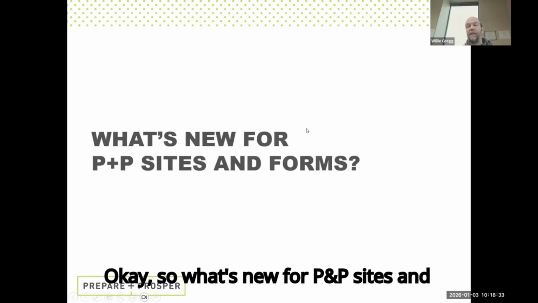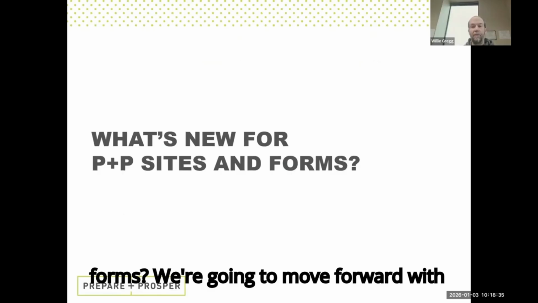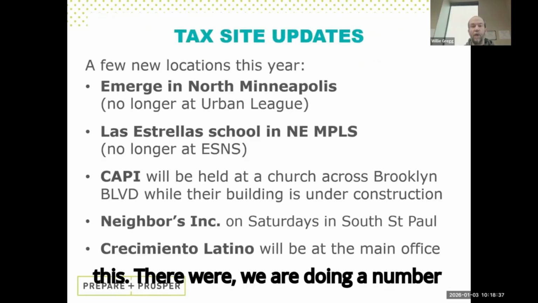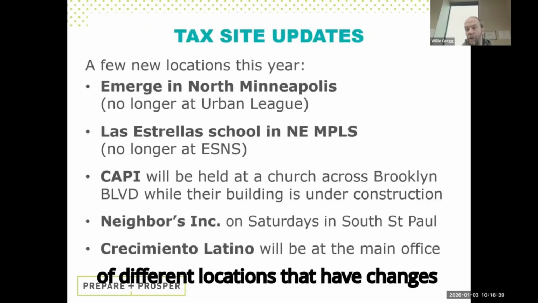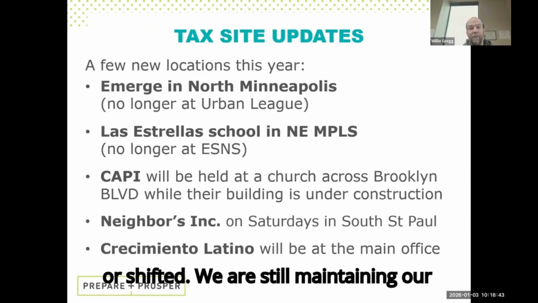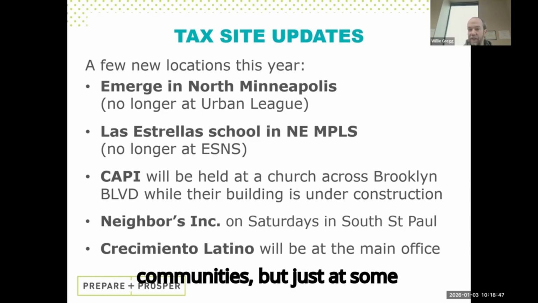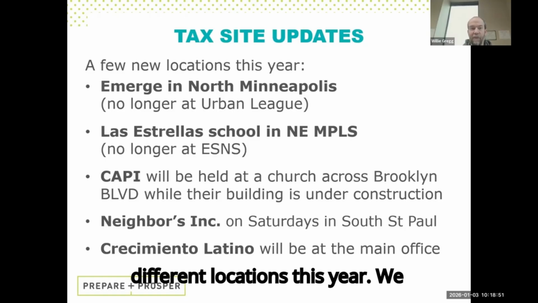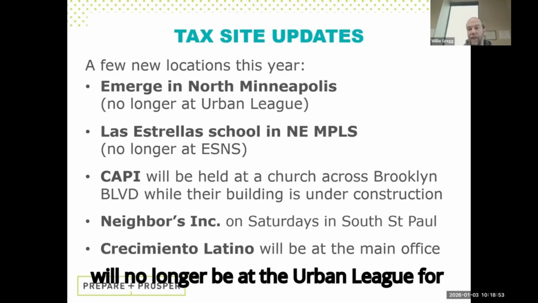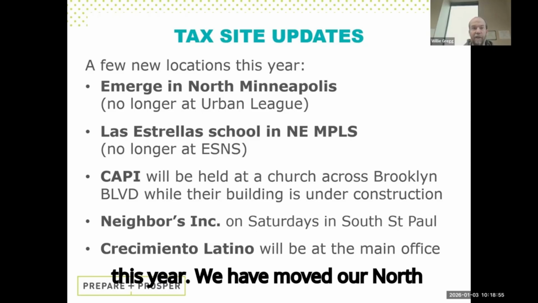Okay, so what's new for P&P sites and forms? We're going to move forward with this. We are doing a number of different locations that have changes or shifted. We are still maintaining our presence in neighborhoods and in communities, but just at some different locations this year. We will no longer be at the Urban League for this year.